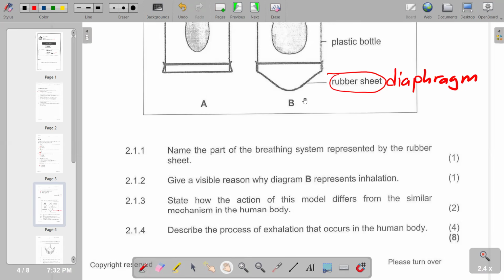The question says give a visible reason why diagram B represents inhalation. So it's because of the lowered rubber sheet. The lowered rubber sheet there indicates that there is an inhalation taking place.